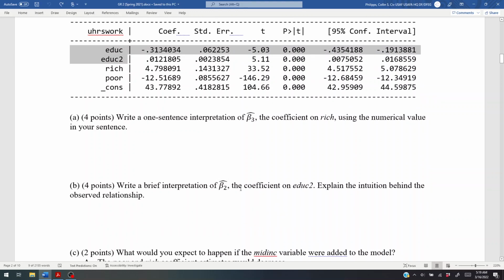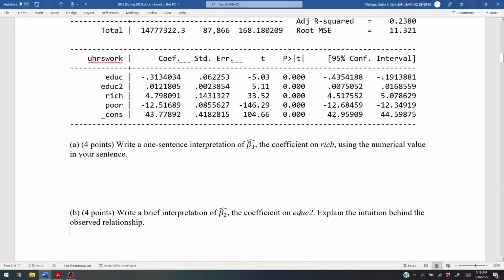Brief interpretation of beta 2 hat, the coefficient on education squared. For this, you can write it the usual way, but the best way to think about this is if education increases, the marginal effect of education, because education squared is in the model, is a function of education. And I see that this is positive, so I know that the marginal effect of education is increasing, right?